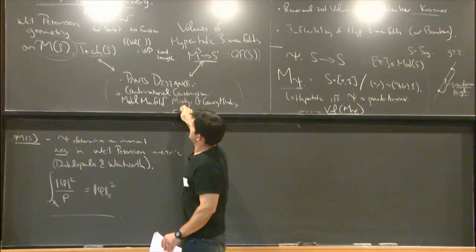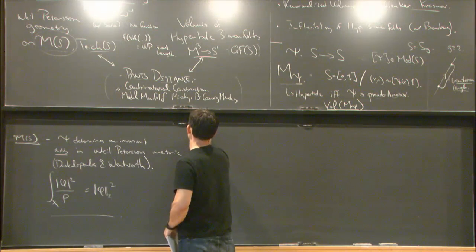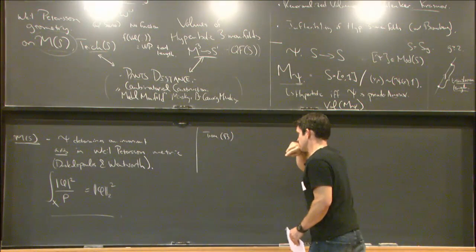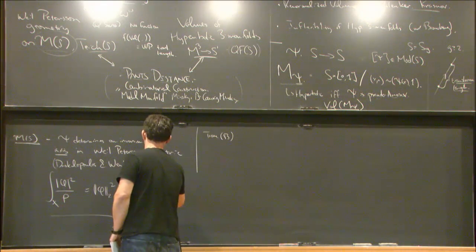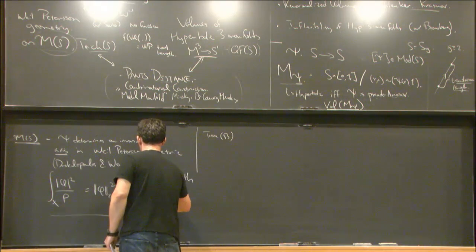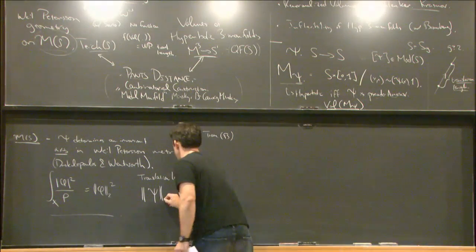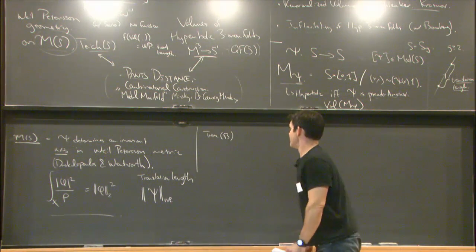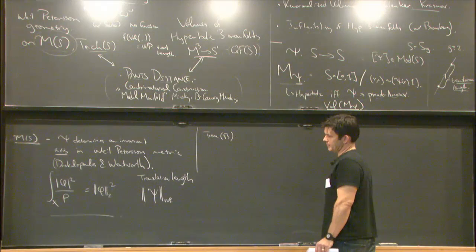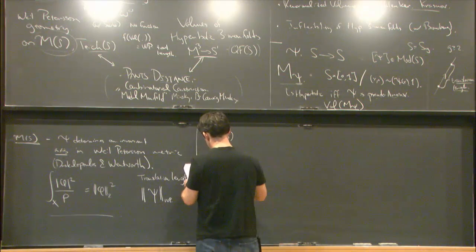So I guess the main result of this diagram was to show that if we take the translation length, where psi is my pseudo-Anosov automorphism of Teichmuller space, and I take the Weil-Petersson translation length, then this is comparable, with a multiplicative constant depending only on the genus of the surface, to the volume of the hyperbolic mapping torus.